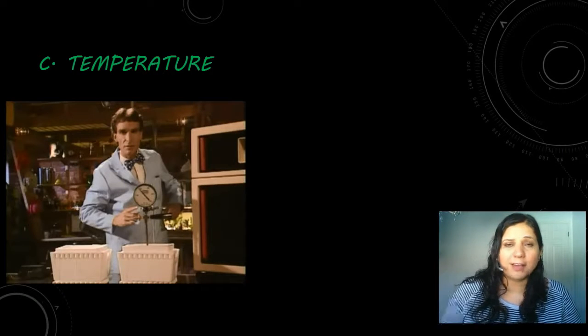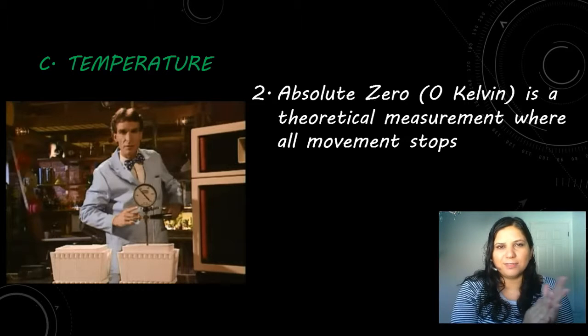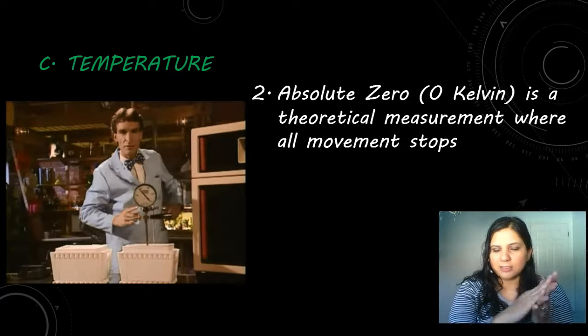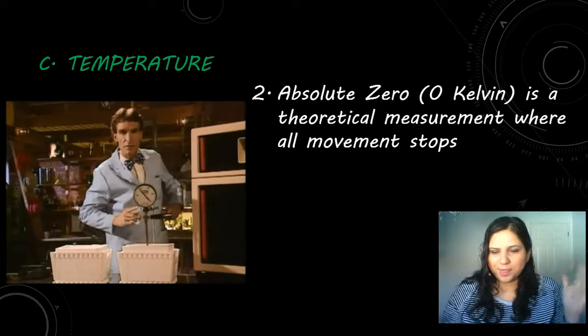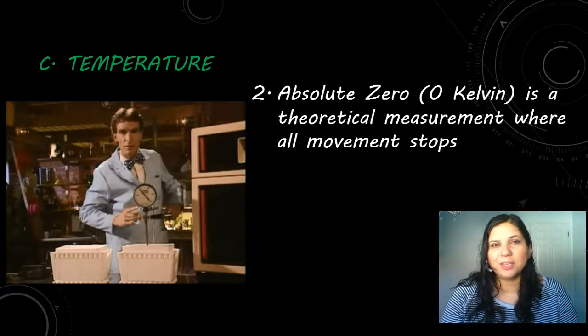Okay, so 0 Kelvin actually has a name. It's called absolute 0, and it's a theoretical measurement where we state that we think that all movement is going to stop at that temperature, and we find that by extrapolating data to see where that would happen. In terms of absolute 0, it is very difficult to obtain because when you measure something's temperature, you have to have a device to do that.